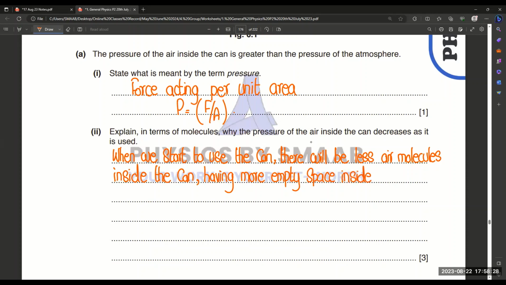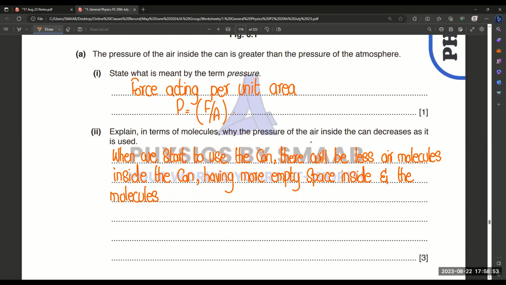Now when there is free space for the air molecules, air molecules are always free to move, right? So now air molecules move further away from each other. Is pressure directly proportional to volume here?